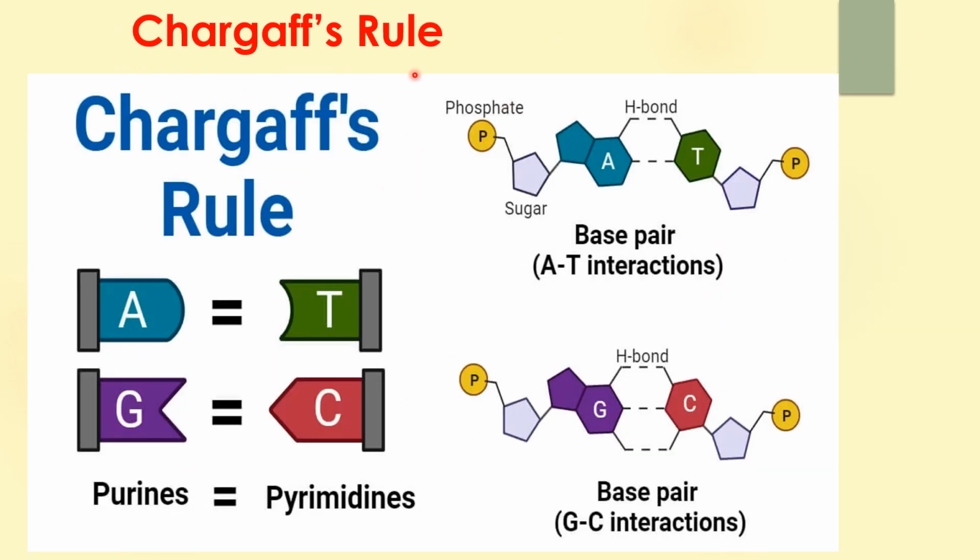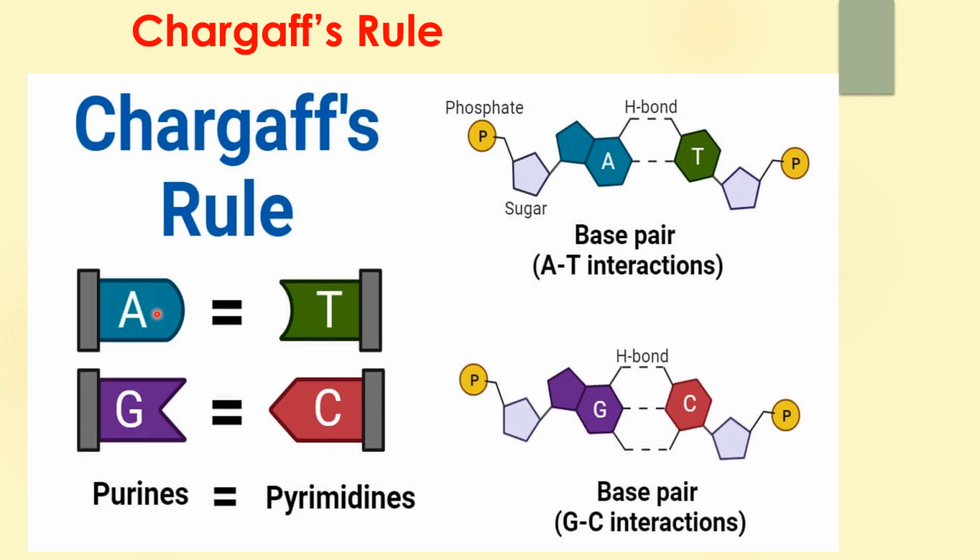Next, going on to Chargaff's rule. Chargaff's rule says that A, adenine, a purine, must be equal to thymine, a pyrimidine. A equals T, and G, another purine, must be equal to C, cytosine.